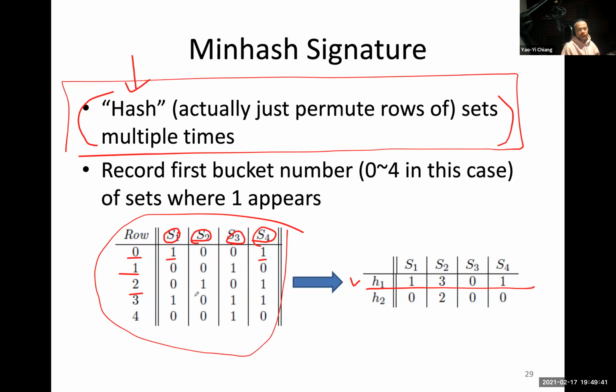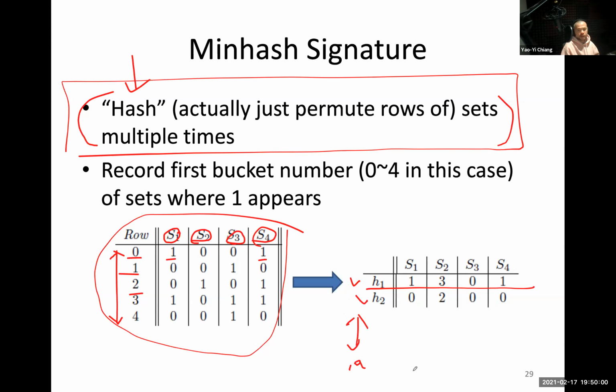Then after you create your first signature, you permute the rows again. Remember we said after you permute them, you have a different signature, right? Then you generate your second signature. Then you can do this many, many times, maybe 100 times.